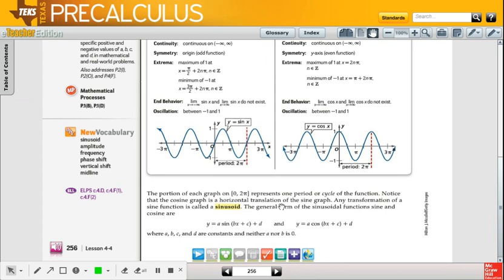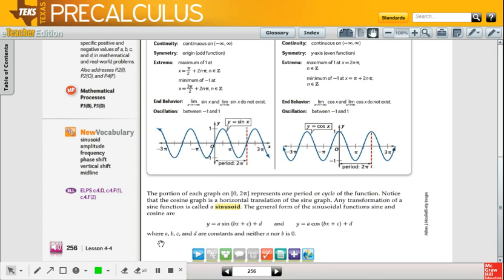So the general form of the sinusoid functions, sine and cosine, are y equals a sine of (bx plus c) plus d, and y equals a cosine of (bx plus c) plus d, where both a's are the coefficient for sine and cosine, and b is the coefficient for x.